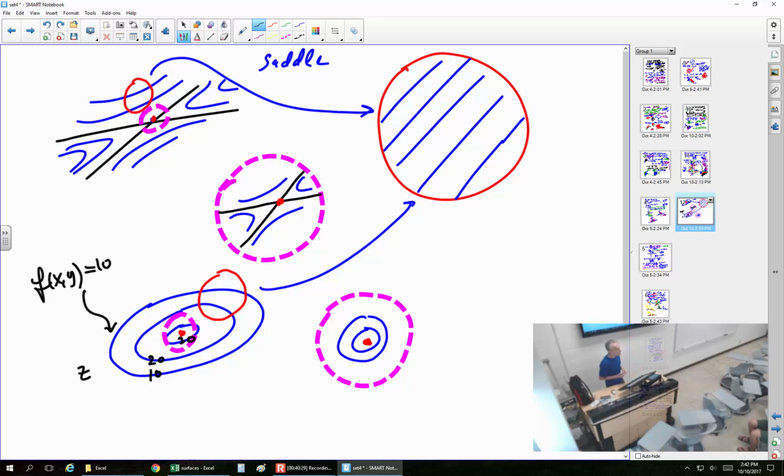Are the circles getting tighter the farther out we go? Well, I don't want to say what's happening beyond this. So what am I doing? 10, 20, 30.